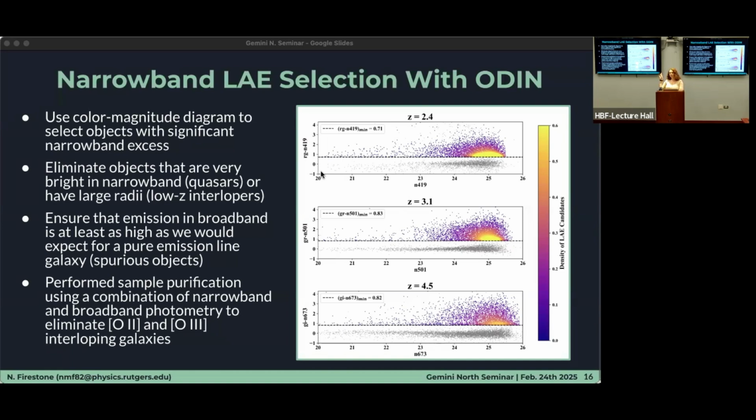Now, in the process of trying to eliminate these objects, we realized that we could actually do a pretty good job of identifying them as their own sample of galaxies to be studied. And I think the techniques that we use are really interesting. So I want to just take a couple of moments to talk about that.